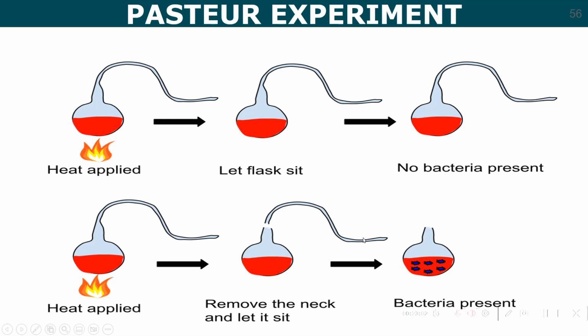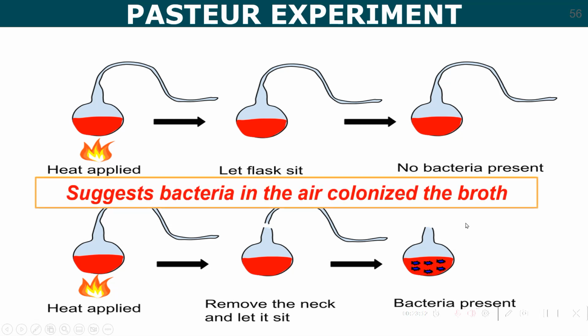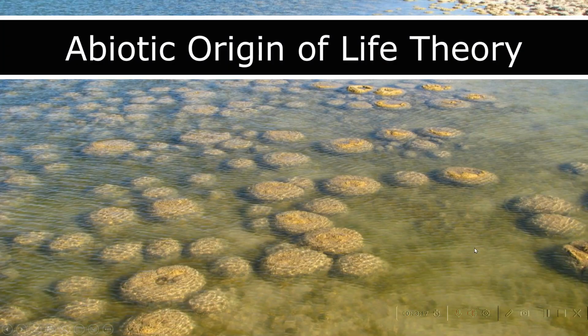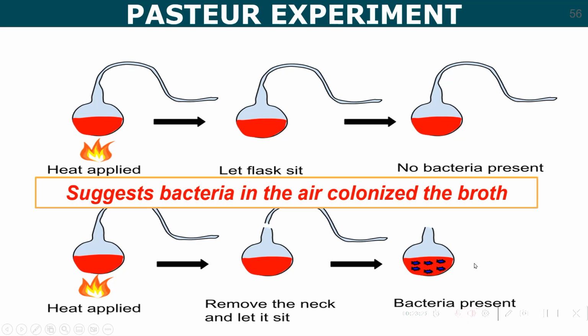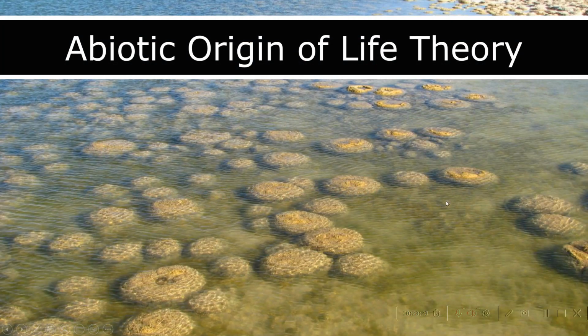And sure enough, the only one that grew anything was the one open to the environment. This is how he contributed to the development of cell theory: only the open flask, the one that was exposed, was able to have life. So life doesn't spring out of nowhere. It needs to come from a pre-existing cell.